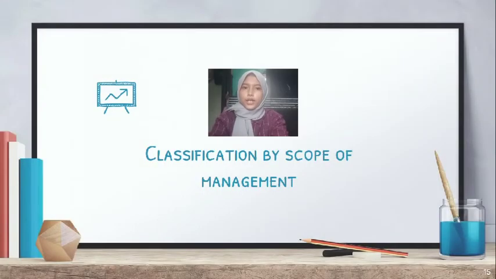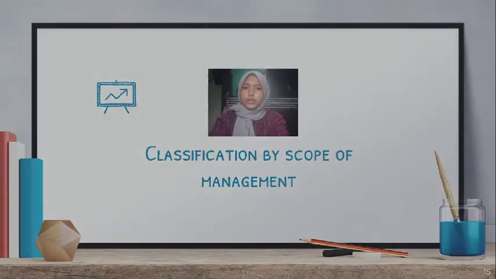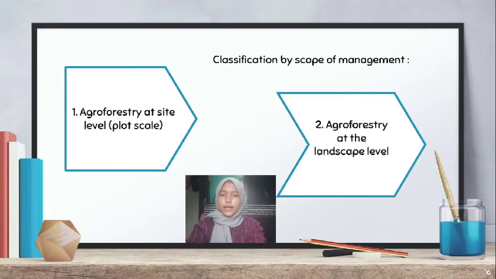And then classification by scope of management. The first is agroforestry at site level or plot scale. The combination of woody forestry plants with non-timber crops, agriculture, and or livestock in one land management unit is commonly discussed in agroforestry. This system is usually carried out on land owned by individual farmers or legal entities, companies.